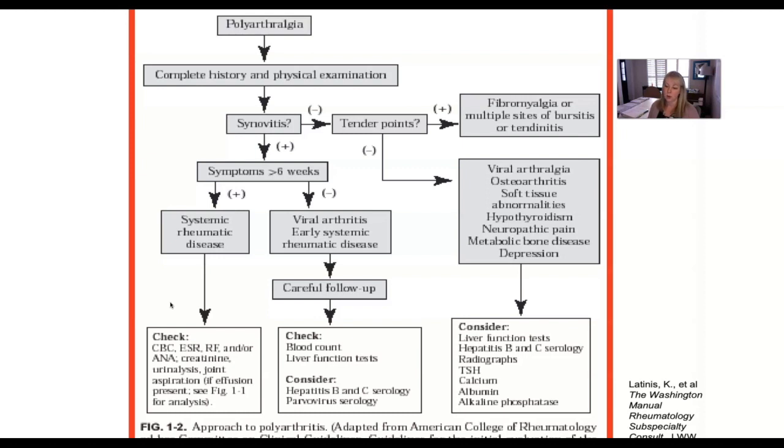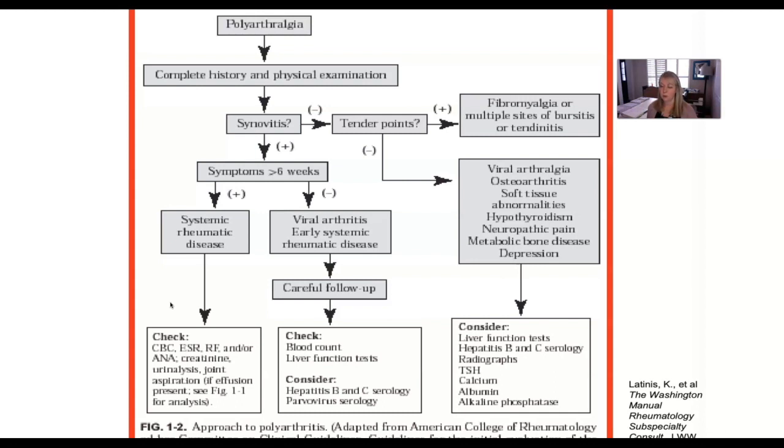This is just an algorithm I kept on here. I know it is blurry. I have other slides, though, that will explain it more clearly, but I just wanted you to be able to see an algorithm. And you can find algorithms on UpToDate. If you have access to that when you get out and work, most people have access to it.